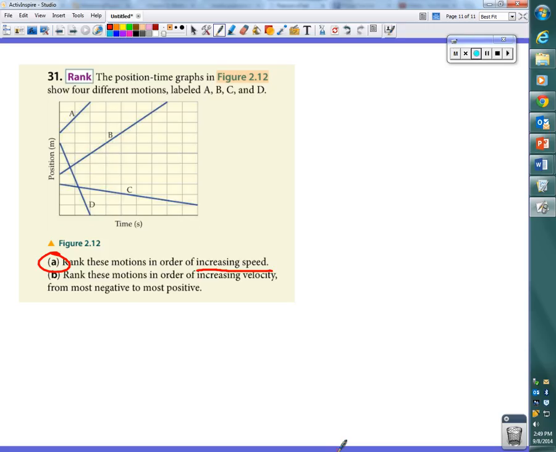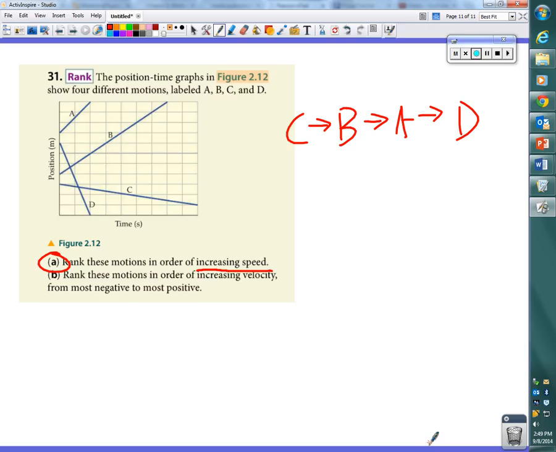Okay? So if we're looking for increasing speed, we want to start with the one that is the slowest. Which of these four is the slowest? C is the slowest. Which one's next? B. Then A. Then D. So that is the order of increasing speed. Doesn't matter which way that line tilts.